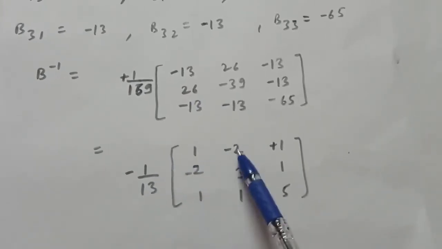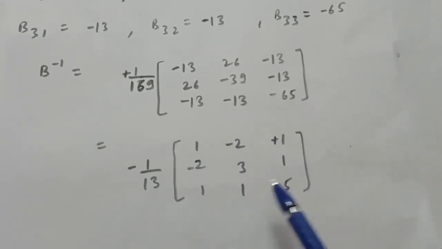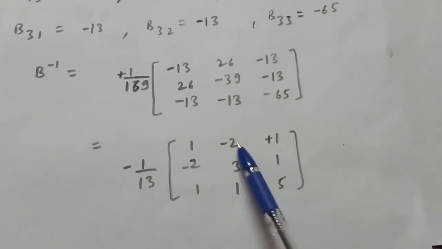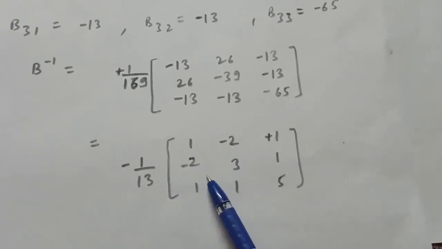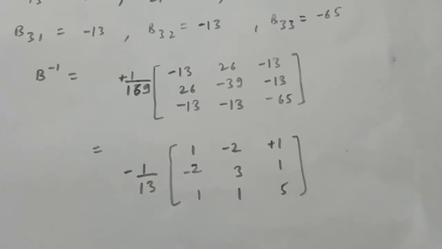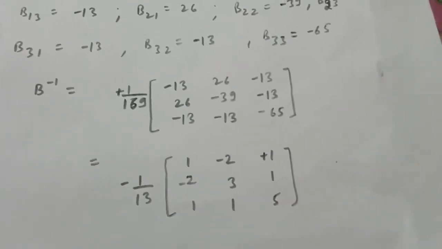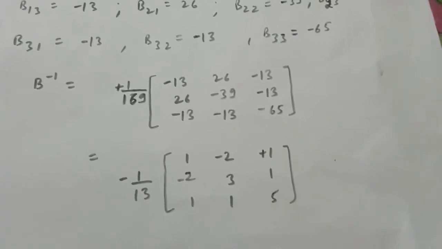So it will be 1, minus 2, 1, minus 2, 3, 1, 1, 1, 5 which is the same matrix as adjoint of A inverse. Clear? So these two are equal. Now the second part, which is inverse of A inverse is equal to A, that you will do by yourself.